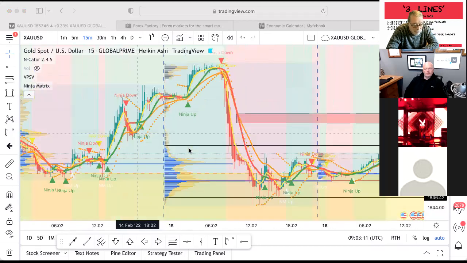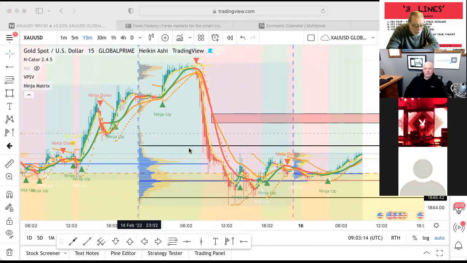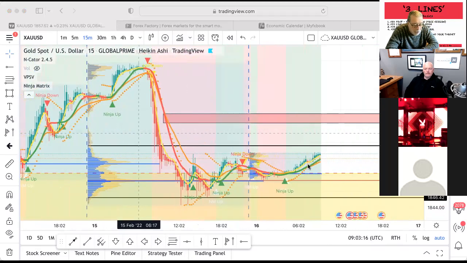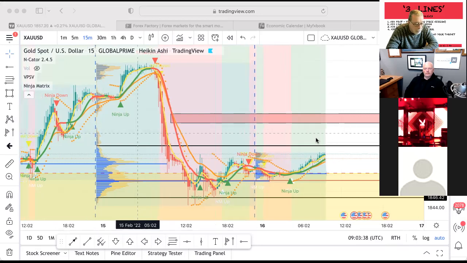I don't know if you were on a little bit earlier when I said I'm expecting the price, this is current price, to go up to the top of the value area high, and then it'll probably start to reverse. It'll bounce off there, that's for sure. Whether it bounces off long term and comes back down, or whether it breaks through and goes up to this area, I don't know, but we'll see.